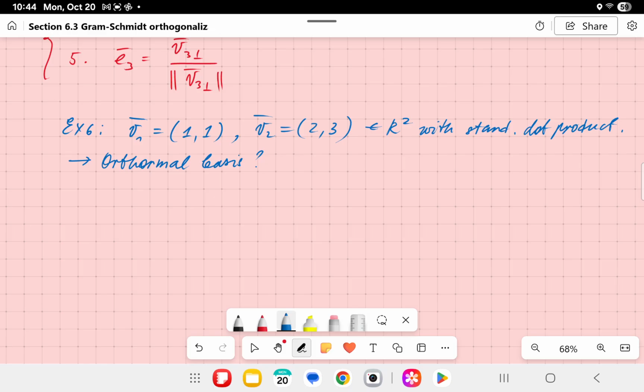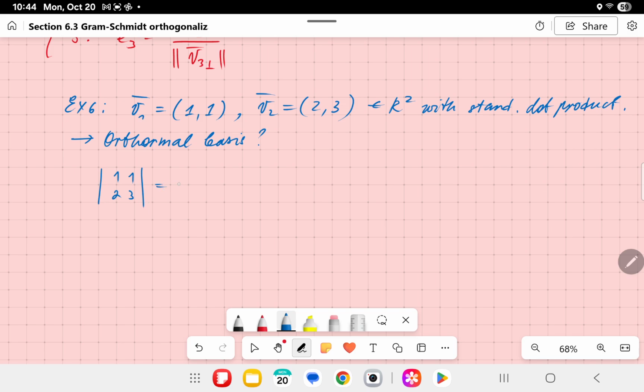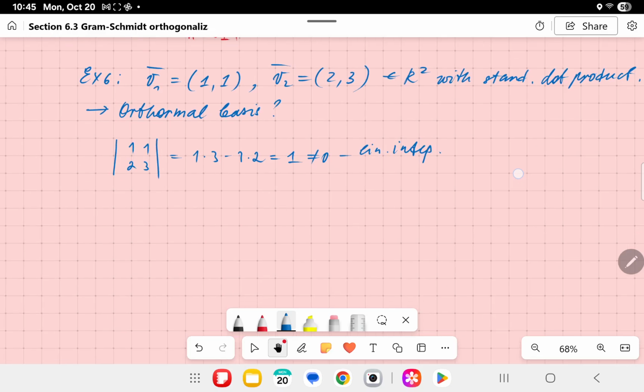You are not going to actually add the extra orthogonal vector. So I'm going to do a formal check. I'm going to write (1, 1) as the first row and (2, 3) as the second row, and find the determinant, which is 1 times 3 minus 1 times 2, equal to 1, not equal to 0, so linearly independent. So these two vectors are linearly independent.